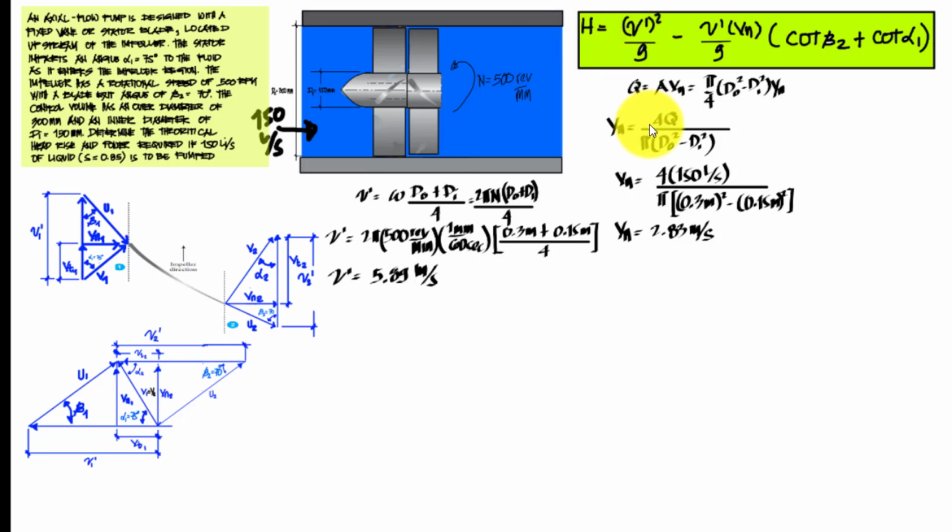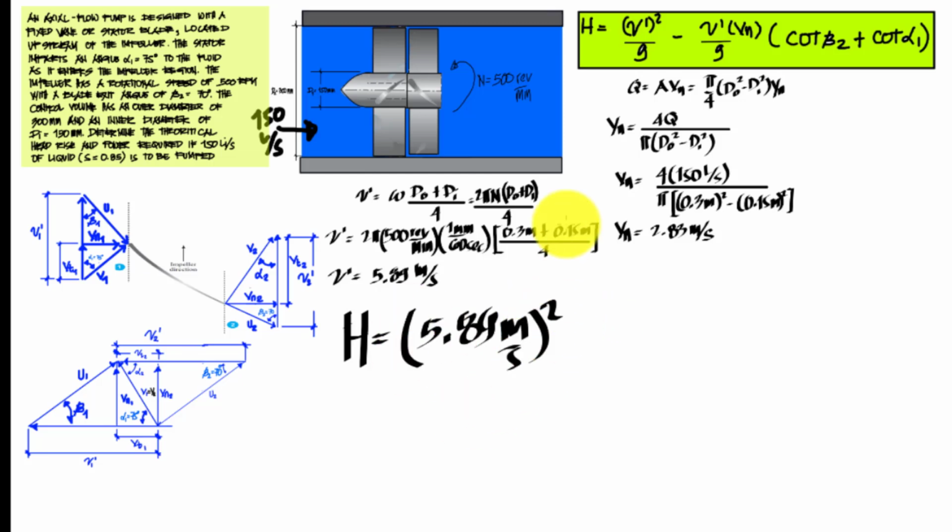Now, we have already the velocity of the vane, so substituting it here for our head, we can rewrite this one. My head is equal to the velocity of my vane, 5.89 meter per second, squared, divided by the gravity, which is 9.81 meter per second squared.